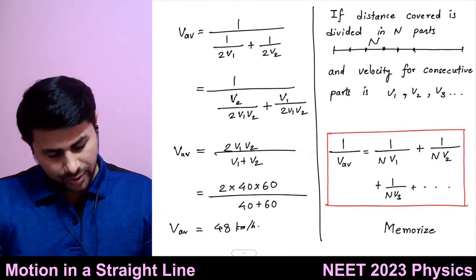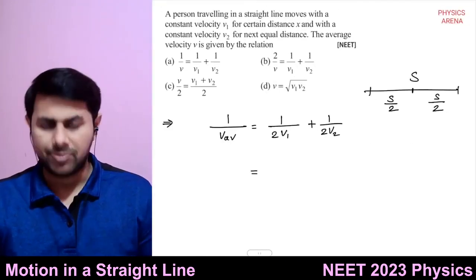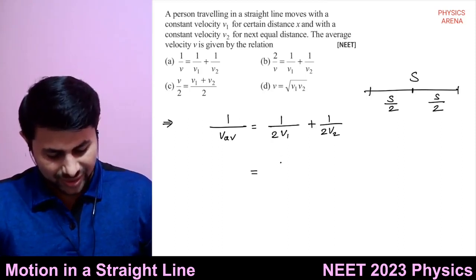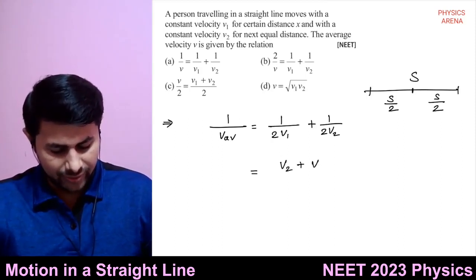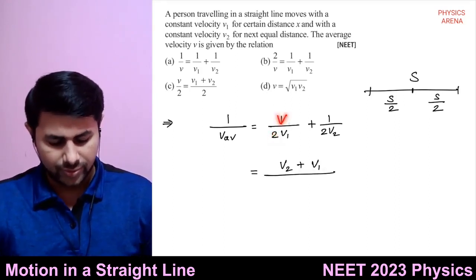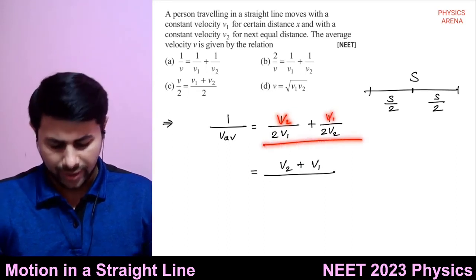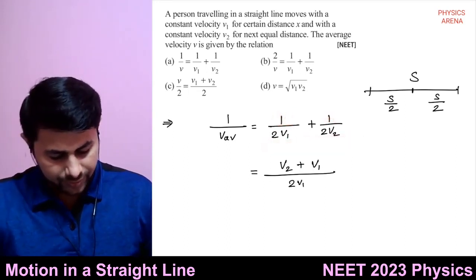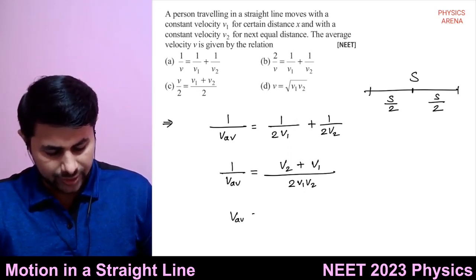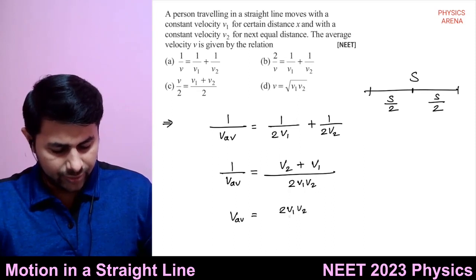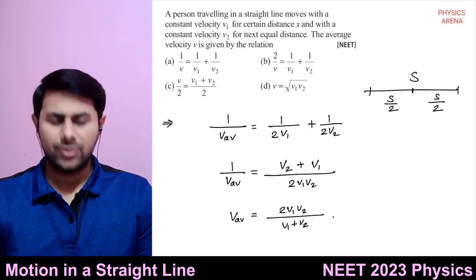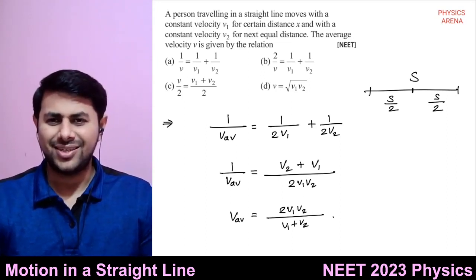So it is v2 plus v1, if you take 2 common, so v2 plus v1 divided by 2v1 v2, and therefore average velocity is 2 times v1 v2 divided by v1 plus v2. Okay, so we applied the formula, right?